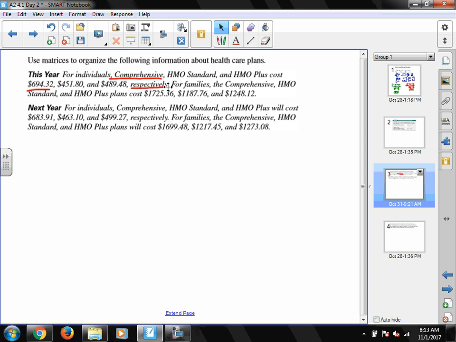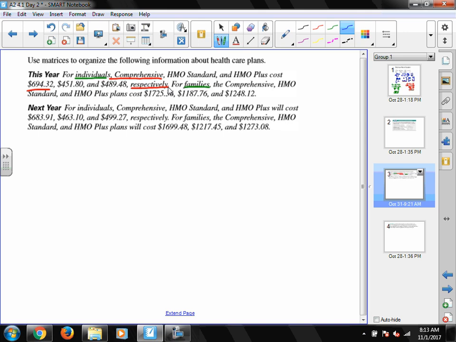So we've got two separate types of healthcare plans. We've got one for individuals and we've got one for families. So to organize these, it's really not too bad. All we're going to do is split it up. Just like our tables from the last chapter, I'm going to put the two big categories up top, and I'm going to put the subcategories within there.